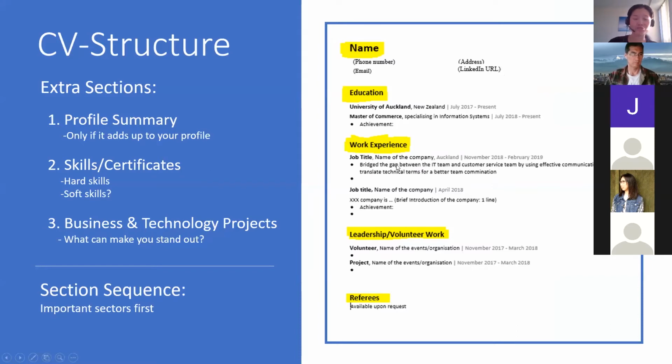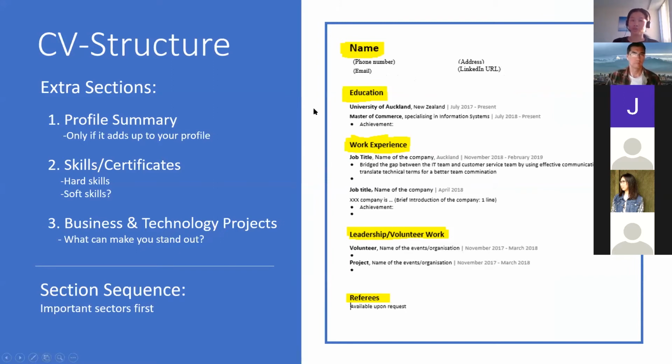You can add extra sections, for example, your profile summary on top under the name section on top of education. It's usually 3 to 4 lines, maximum 4 lines, because we have limited space on one page.